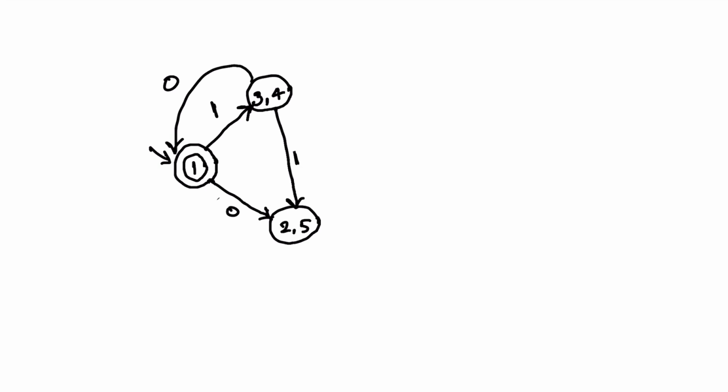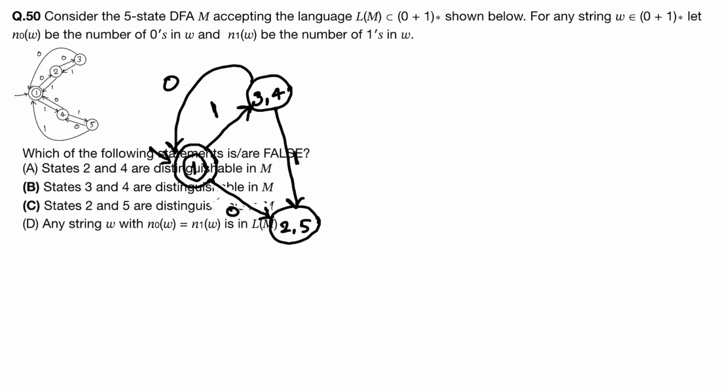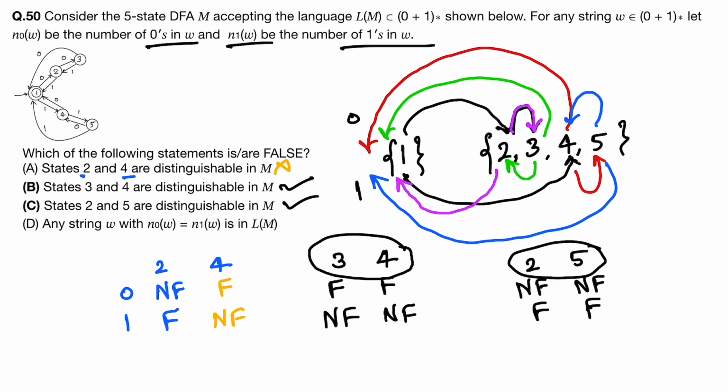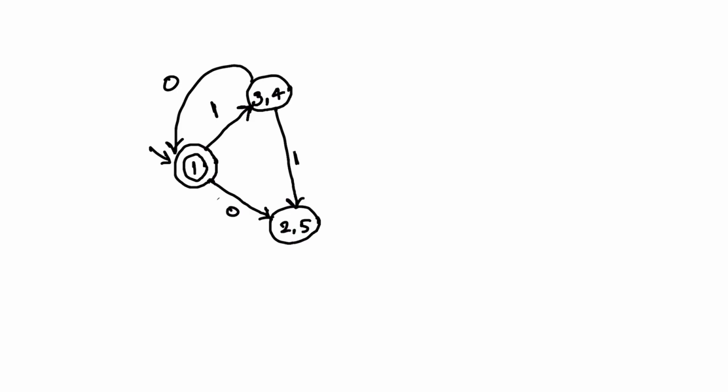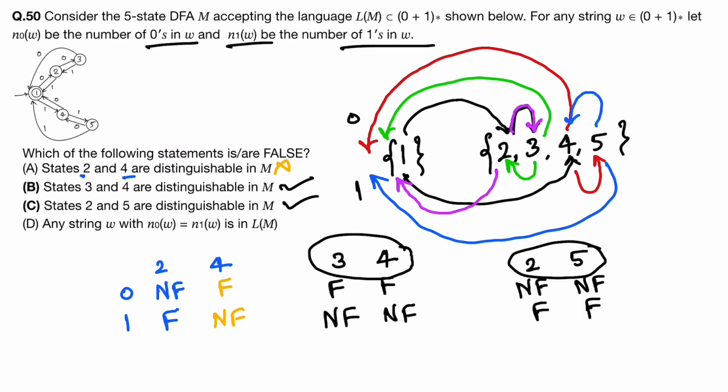Now see 2 on 0 goes to 3, and 5 on 0 also goes to 4. 2 on 1 goes to 1, and 5 on 1 also goes to 1. So like this. Okay, so this is the final diagram. We have merged both the states.